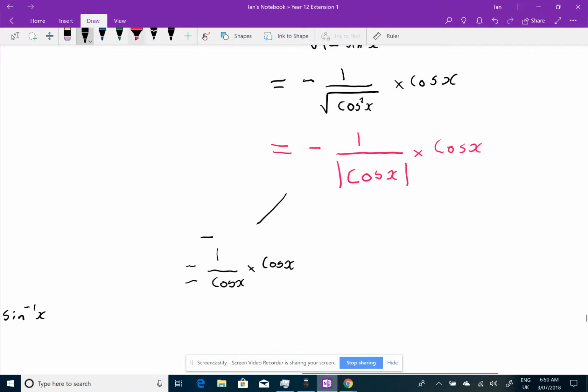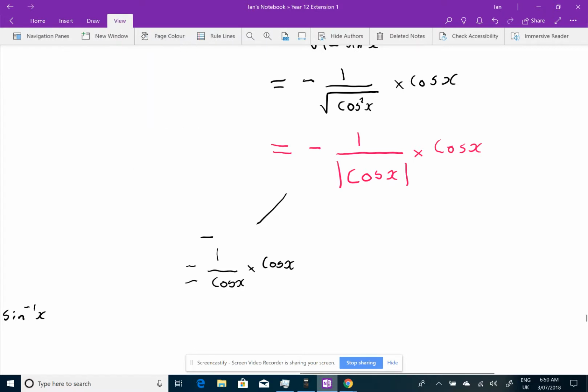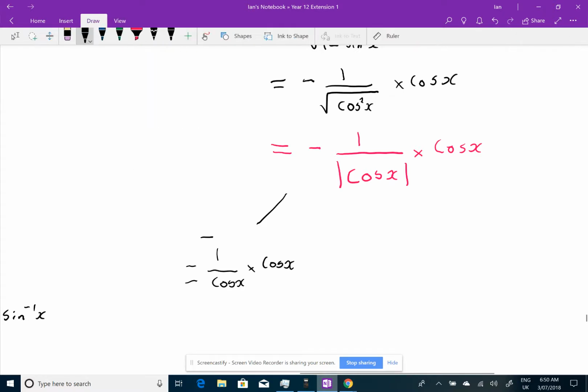The negatives are going to cancel, and the cos x is going to cancel, and I'm just going to get 1. If I take the positive inside there, I'll get minus 1 on positive cos x times cos x. And again, the cos x will cancel. But this time I'll be left with minus 1.